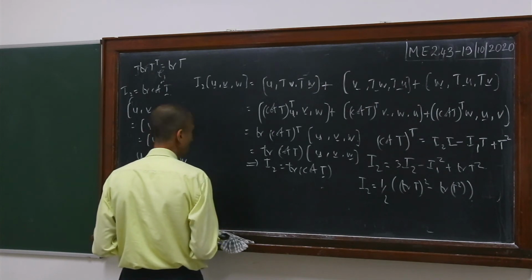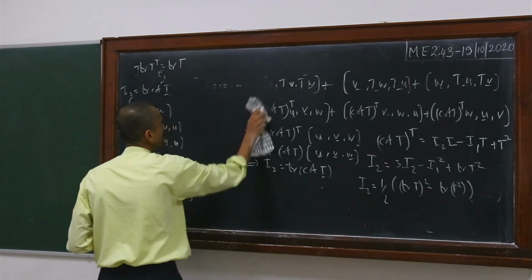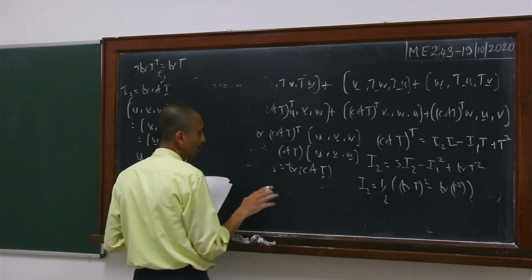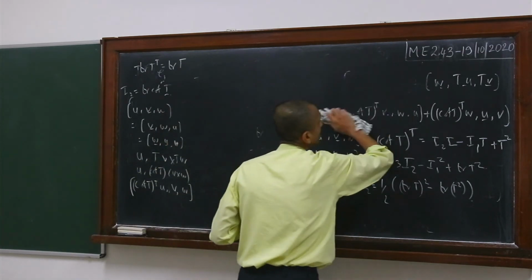Okay, so now let us look at some simplification for the determinant. Now we'll derive a relation between the cofactor of T and determinant of T. So that is the next step now.